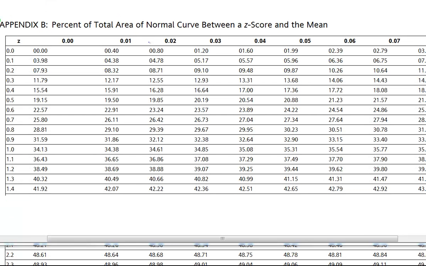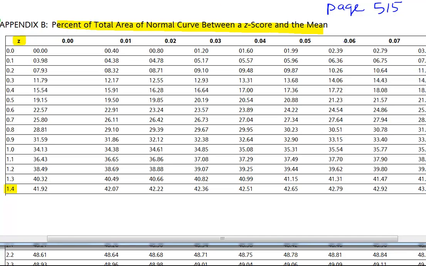So this is Appendix B in the back of your book, and it is on page 515. If we go to this, and we go over here to 1.4, this is the z-score, and this tells us the percent of total area of the normal curve between the z-score and the mean.